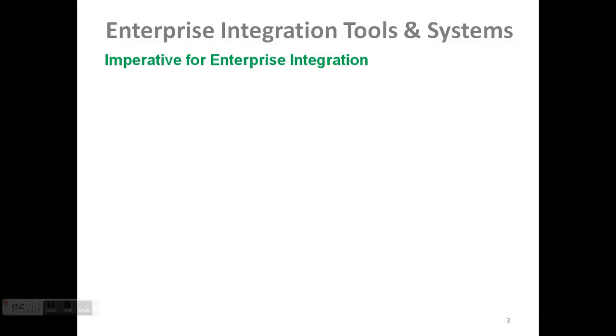The changes in business are fundamental and important. Now, let's see what are the important issues in today's business that are really affecting our decisions on enterprise integration.